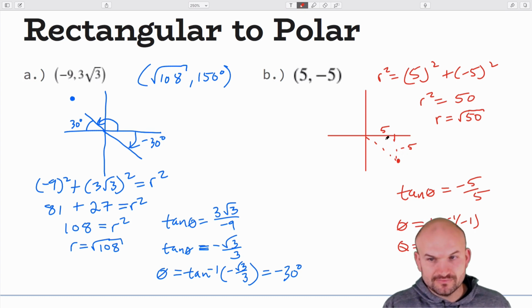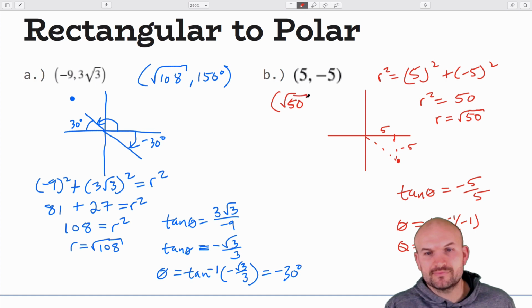Now in this case, we can use the angle to be negative 45 degrees. Like that's perfectly fine. Or we could use the positive version. It doesn't really matter. That's a multiple representation here. So again, my r is going to be square root of 50, and this would be negative 45 degrees. Again, or you could do square root of 50, comma, let's see, that'd be 315 degrees, right?